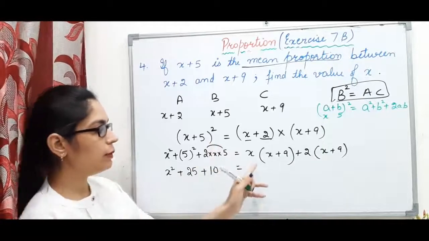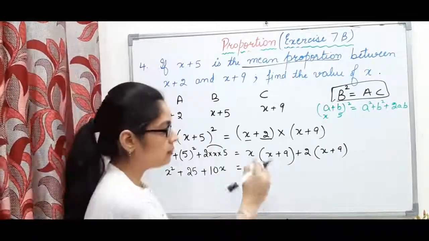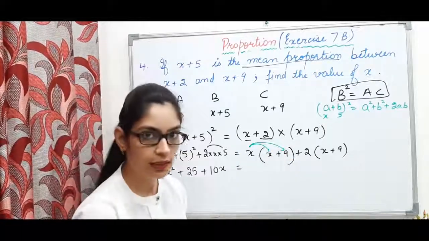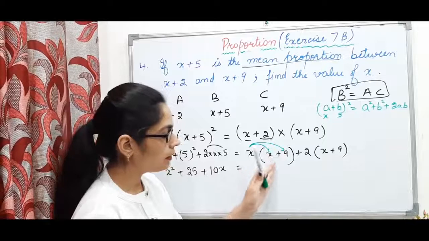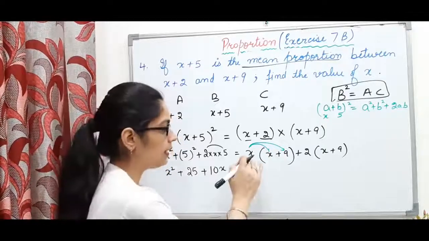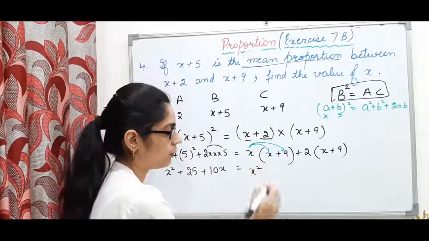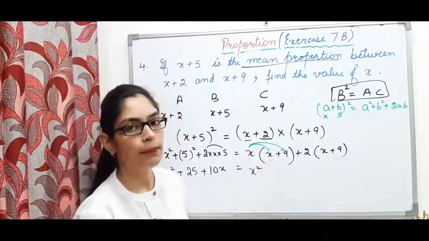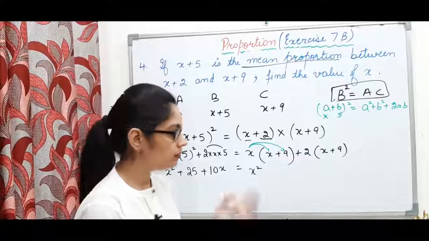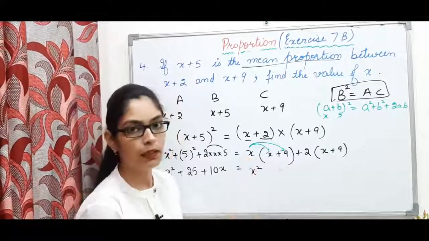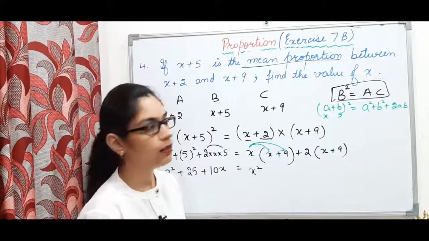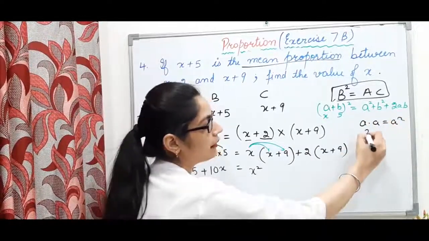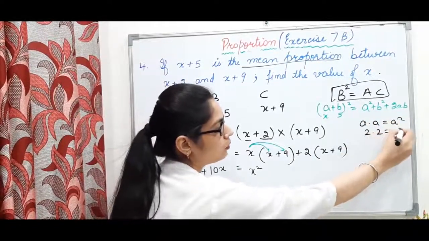Equals to this. We will multiply whenever bracket is there and a number is written outside. So, the number which is written outside has to be multiplied by both the numbers. So, x into x square, like I have already told, two numbers when they are multiplied with itself, same number, it will become square, like A into A is A square, like 2 into 2 is 2 square.